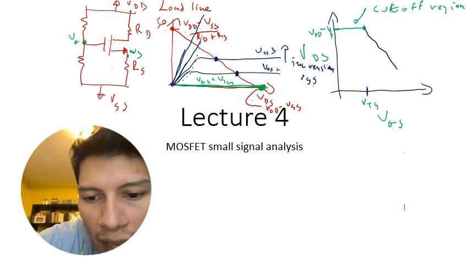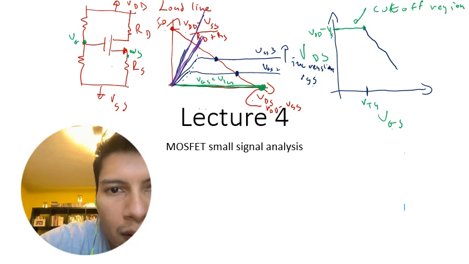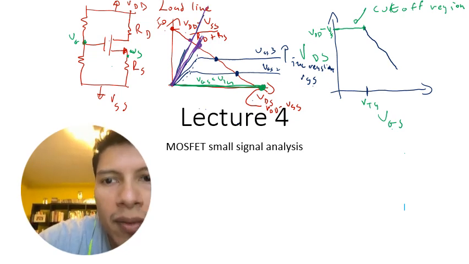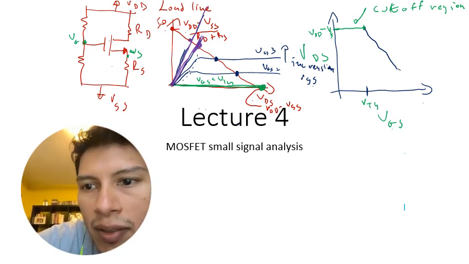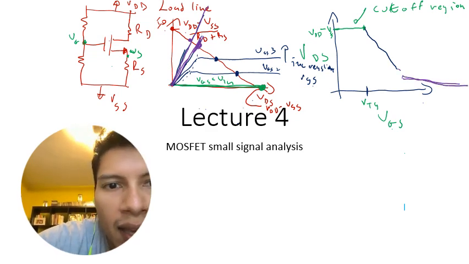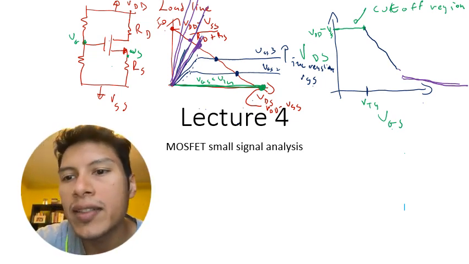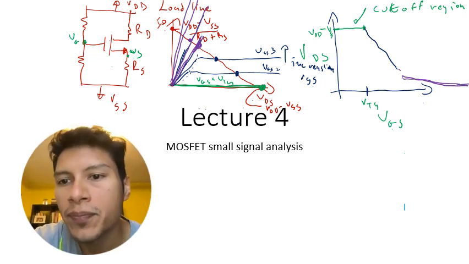So eventually, our operating point will be in the triode region, and there VDS decreases to 0 very slowly.